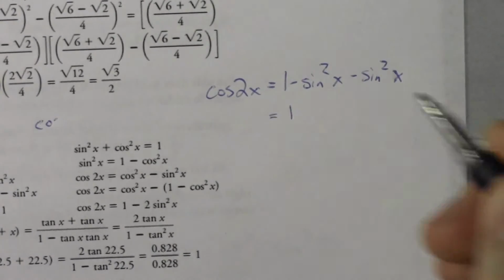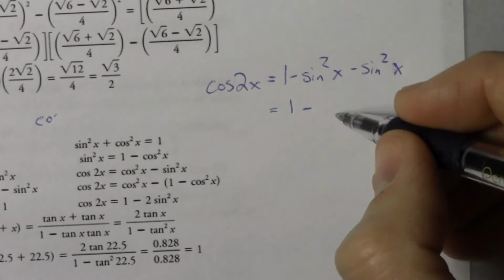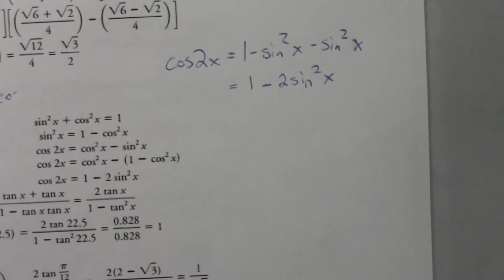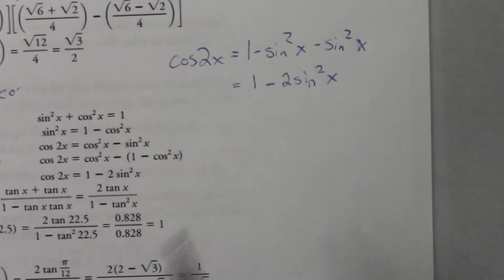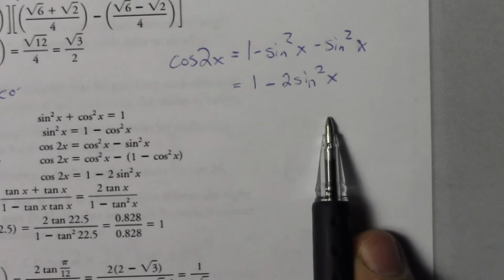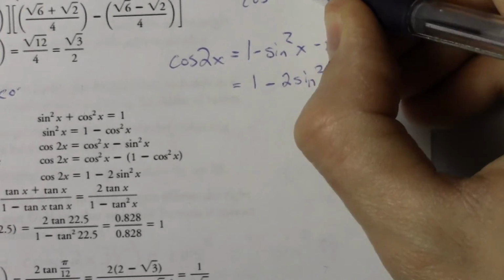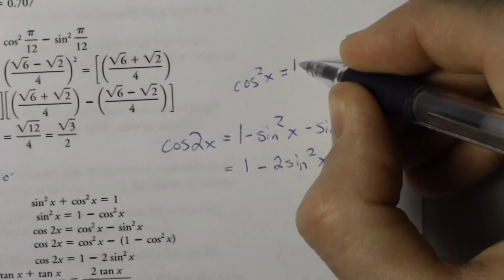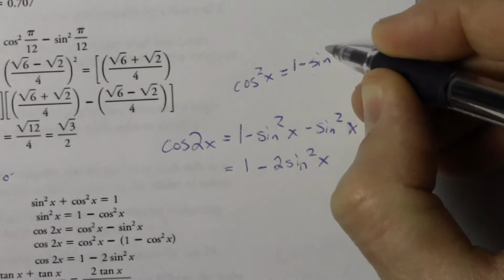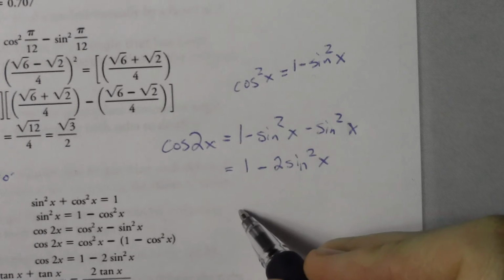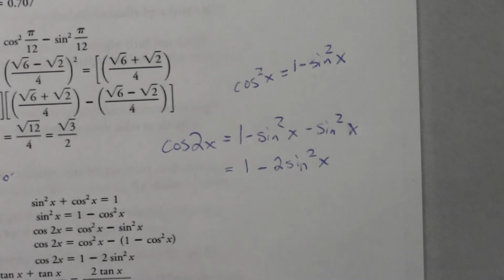So this becomes 1 minus 2 cos squared x and cos minus 1.